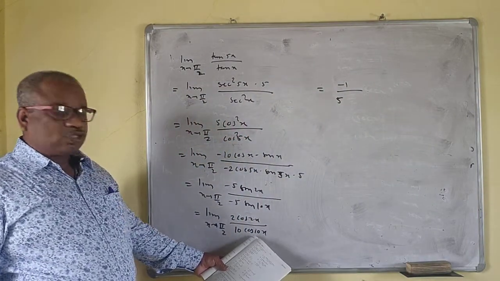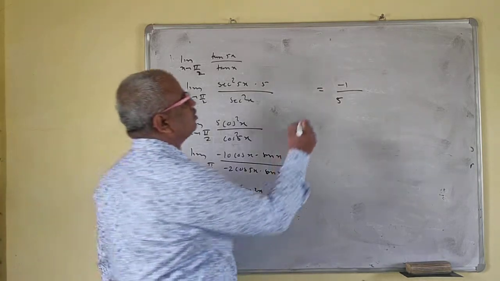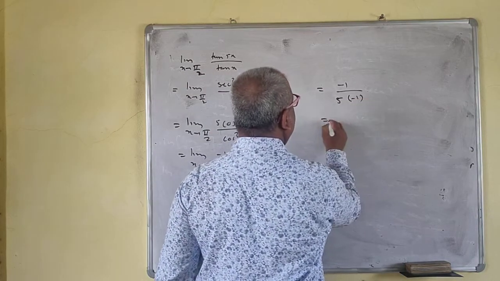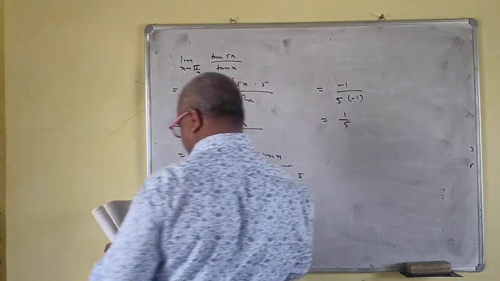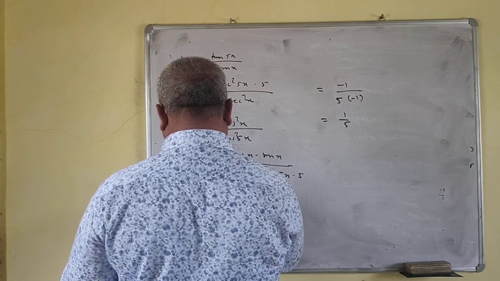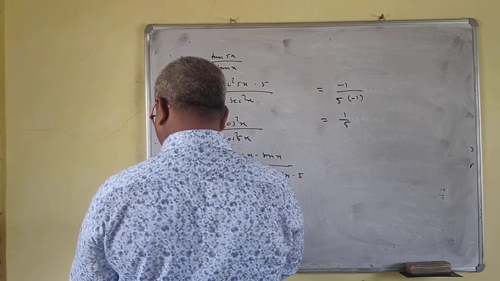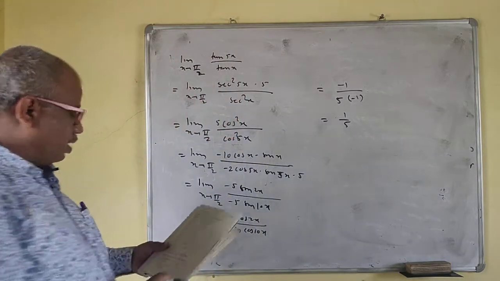Now this is cos 5 pi, and cos 5 pi is again minus 1. So this is 1 by 5. So this 1 by 5 is the required answer.